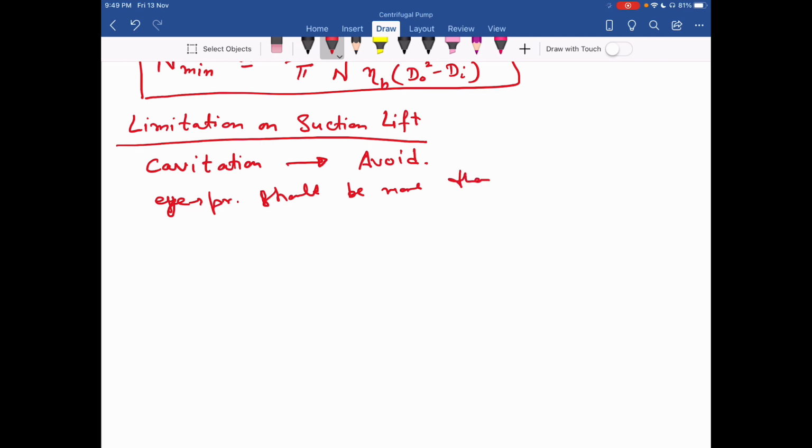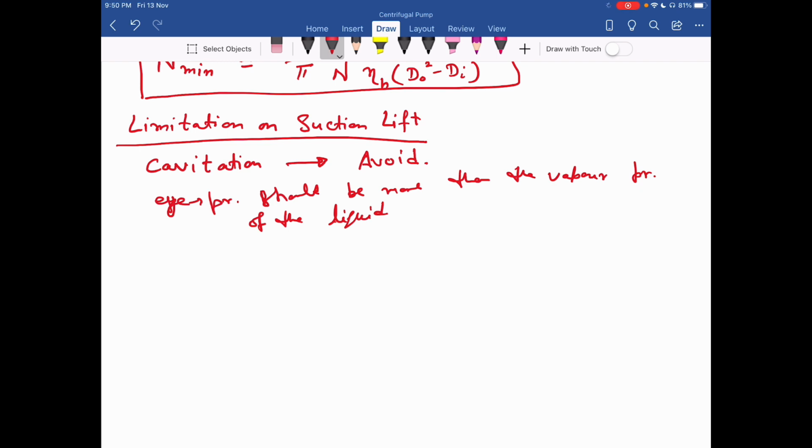At the eye of the impeller, the pressure should be more than the vapor pressure of the liquid. At the least, it should be equal to the vapor pressure of the liquid. So that is how we can find out the maximum value of suction lift.